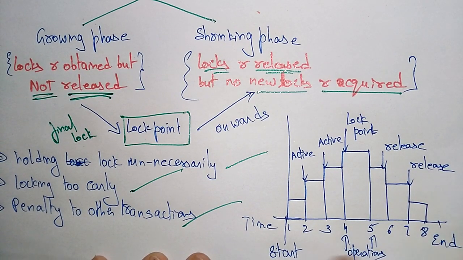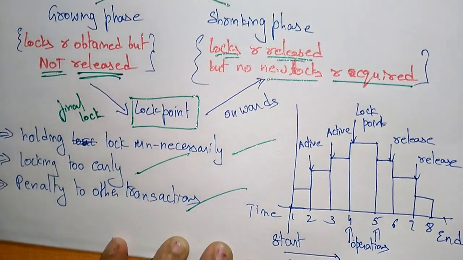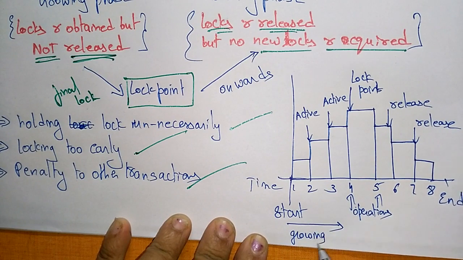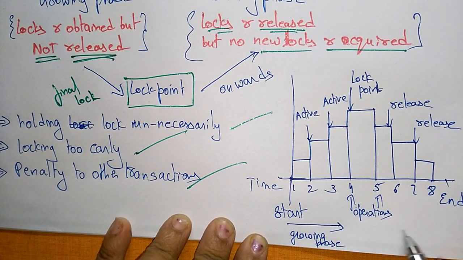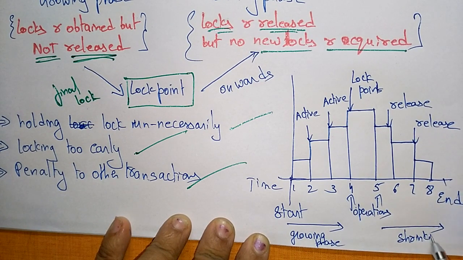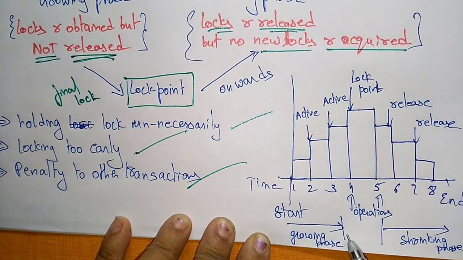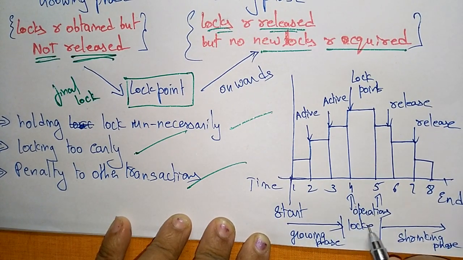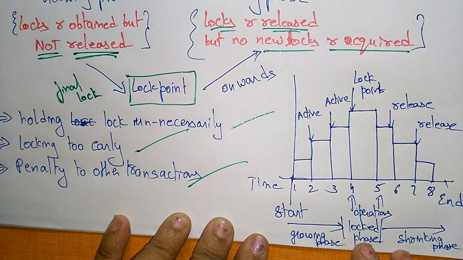So first, this you call the growing phase, and this will be the shrinking phase. In between, you have the lock point, the lock phase.